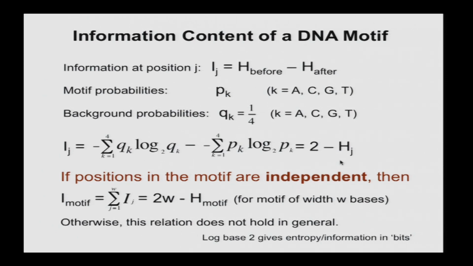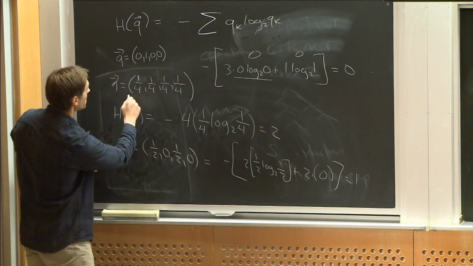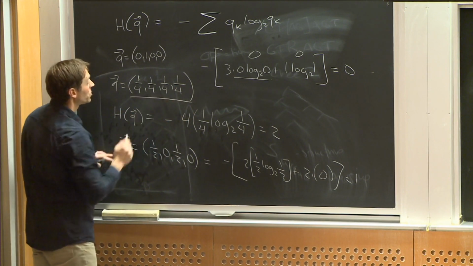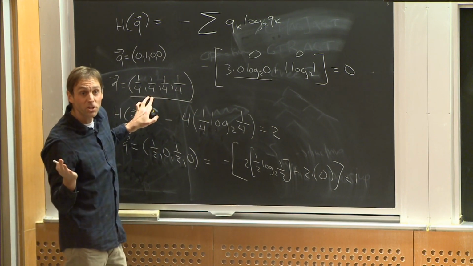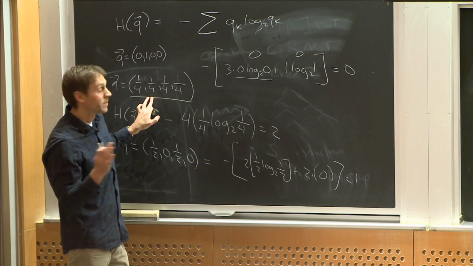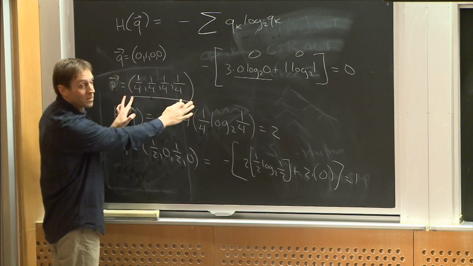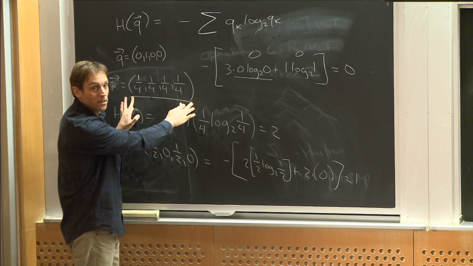So for example, we said the entropy of this is 2 bits. Therefore, the information content is what? Let's say this is our p. This is our motif.